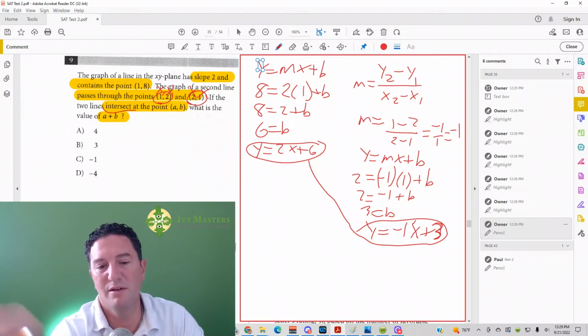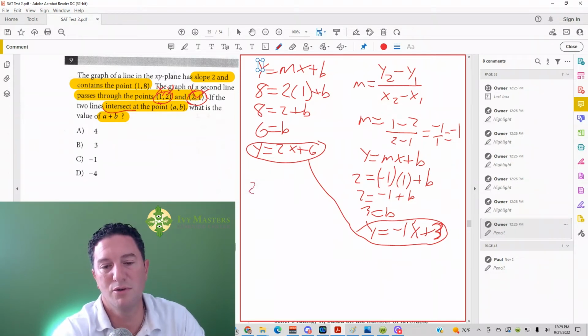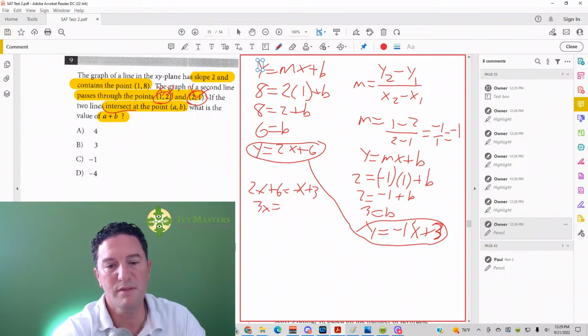I would recommend you substitute. In other words, set the equations equal: 2x plus 6 equals negative x plus 3. To keep the x's positive, add x on both sides, and you get 3x on the left. Subtract 6 from both sides, and you get negative 3 on the right. Divide both sides by 3, and you get x equals negative 1.